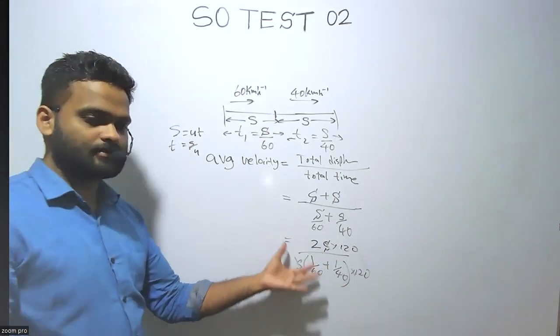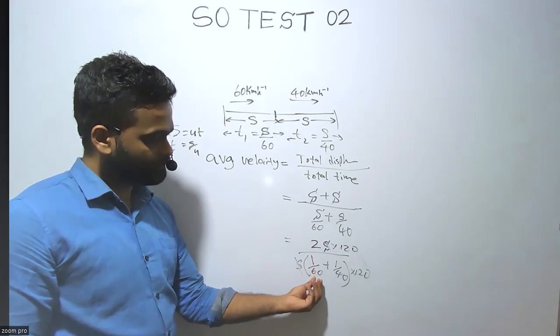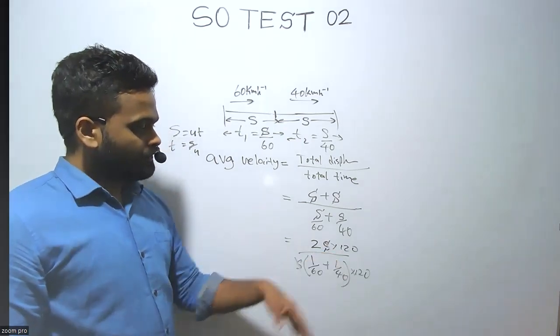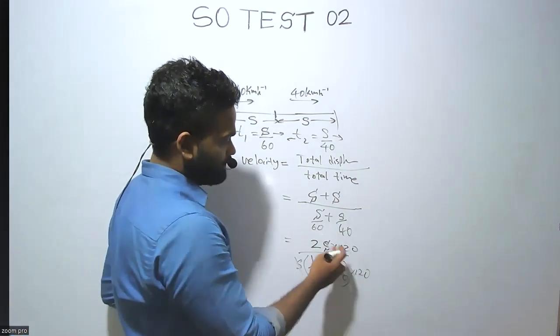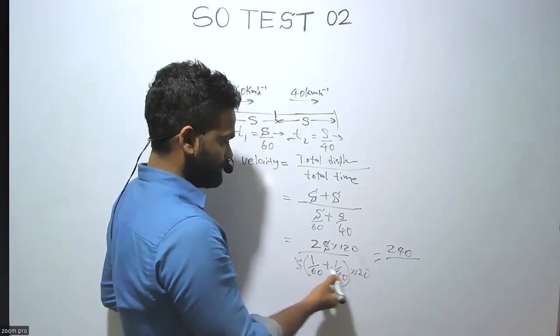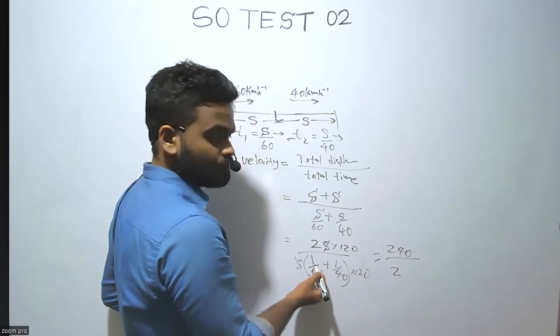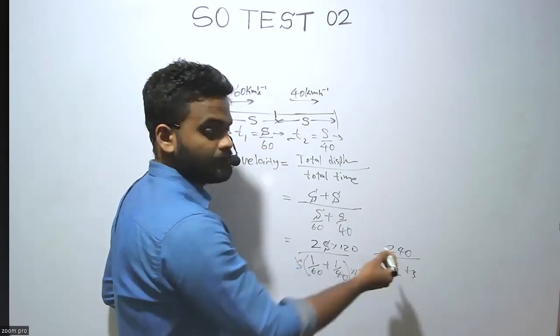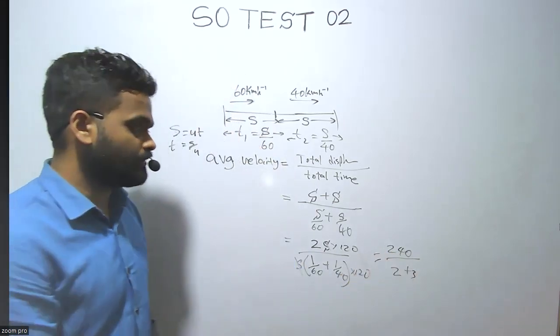That is easy to simplify then. Remember that. So this becomes 240 over 2 plus 3, that is, 240 divided by 5.